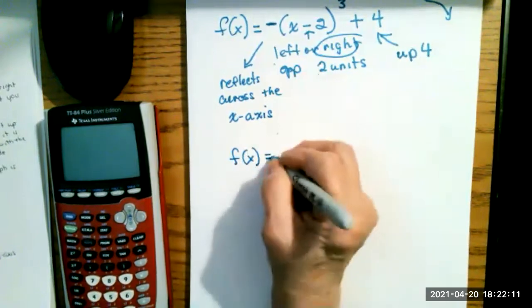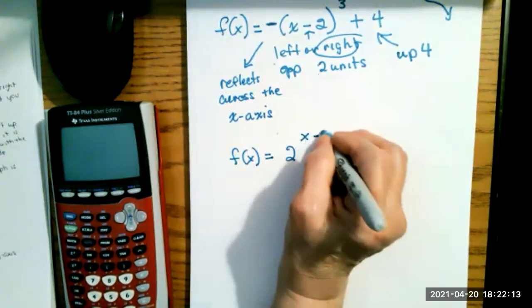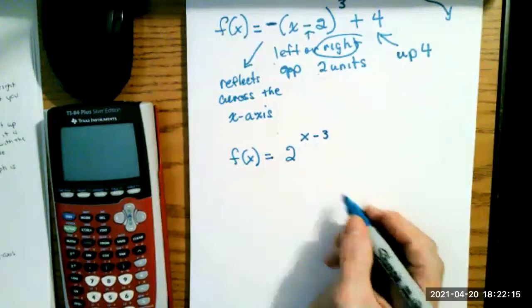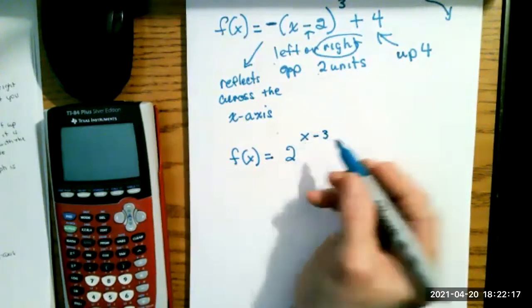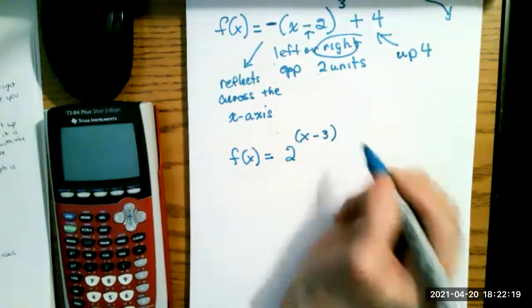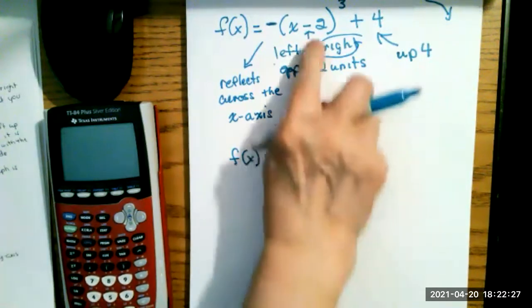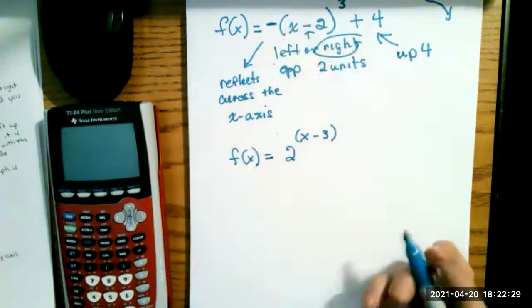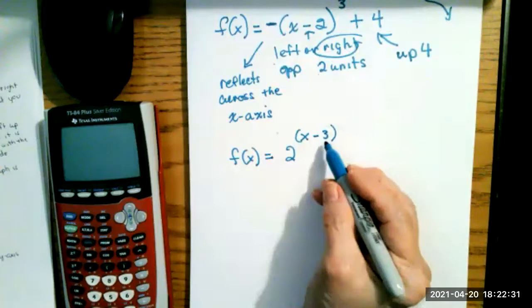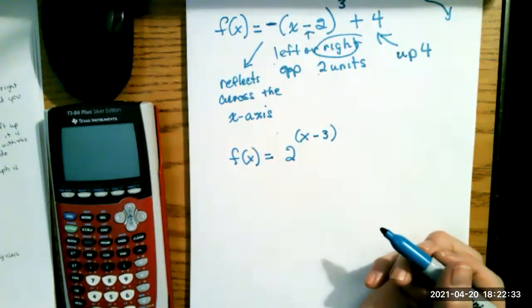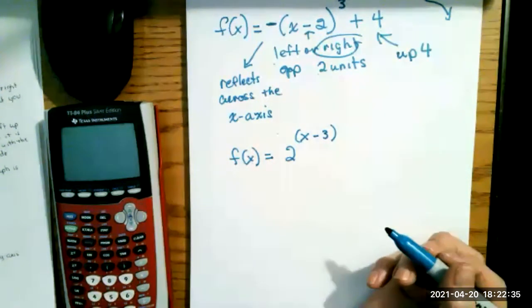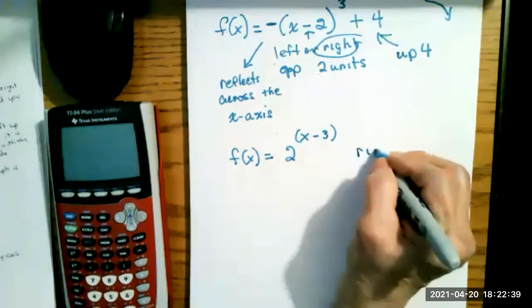Okay, now let's see if we can associate that with these new ones. If we have f of x equals 2 to the x minus 3. These are going to be exponentials, so our shifts are going to be up here in this exponent part. And that's like having a parentheses when you have a little group up there as an exponent. It works the same way that it did when it was in the parentheses. So what would that one do? It would shift to the right 3.